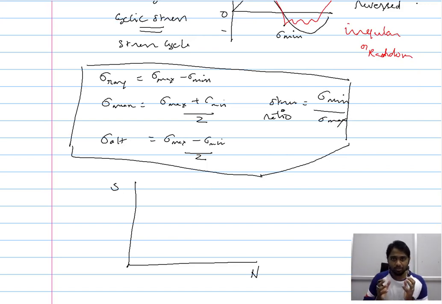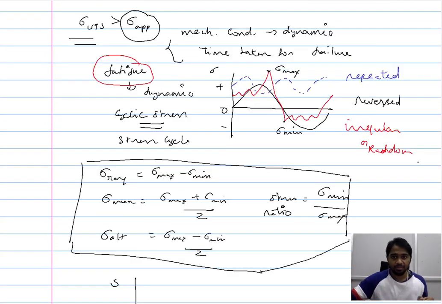That is our ultimate goal. Instead of talking in terms of time, we can translate the time into the number of stress cycles, because the different stress cycles that we have considered are periodic in nature.